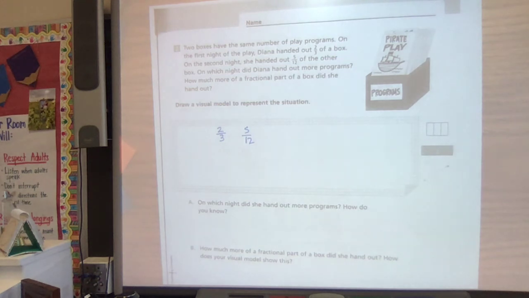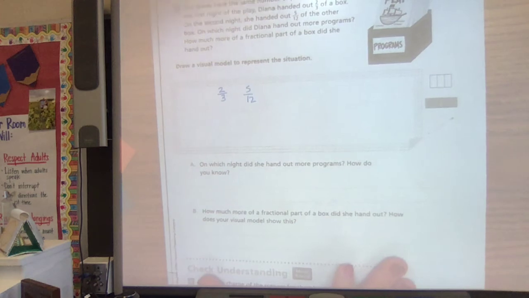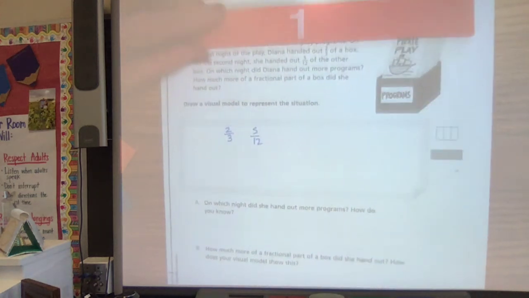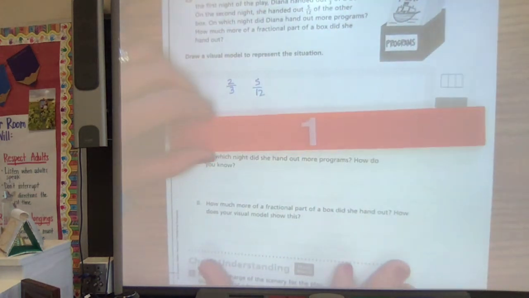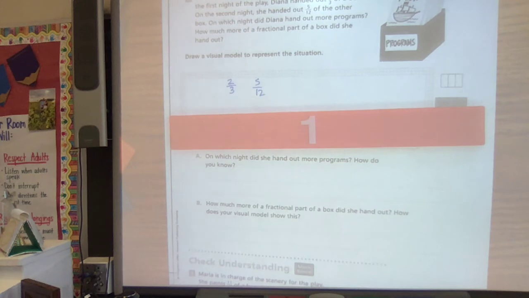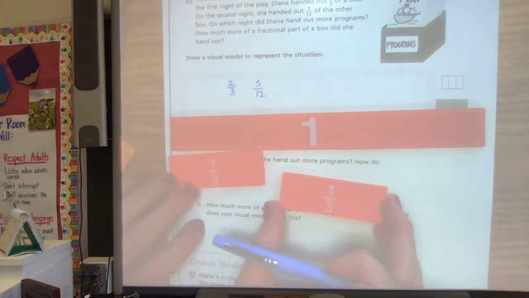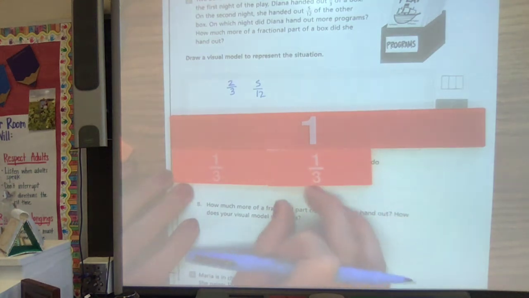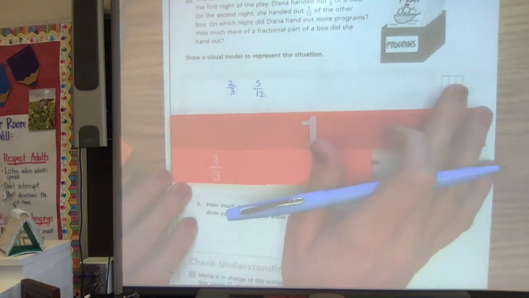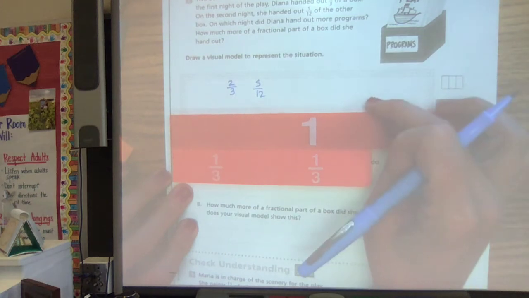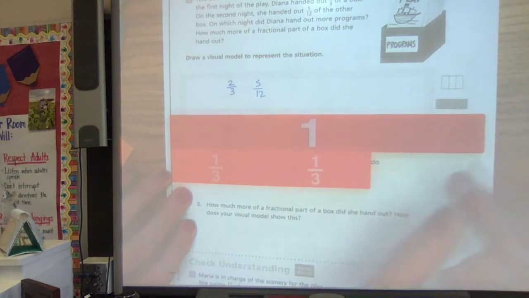If you are not sure of that yet, then you need to try and figure it out. And you can use your strips to help you. And we use those equivalent fractions to help us also. But always, you know how all year we've talked about, does our answer make sense? Well, before we start even doing anything, think about the fractions. Think about how they are.